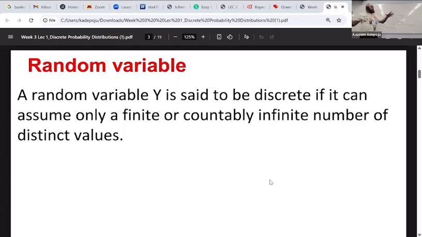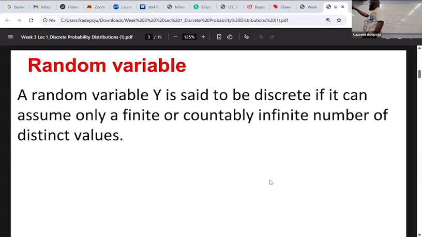When I talk about discrete random variable, I mean only a finite or countably infinite number of distinct values. Maybe the number of students in this class, or the number of goals scored in a soccer game. That's what I mean by discrete random variable.